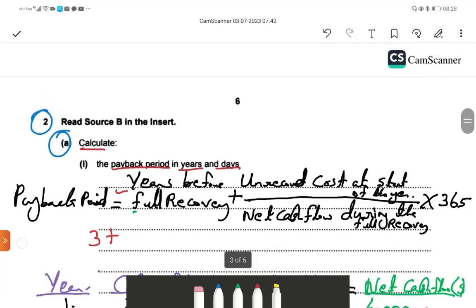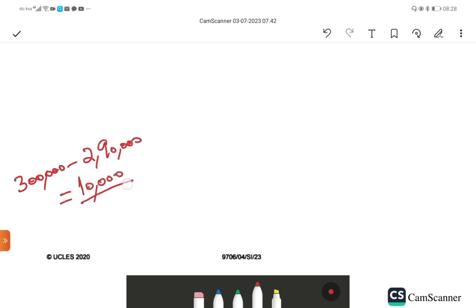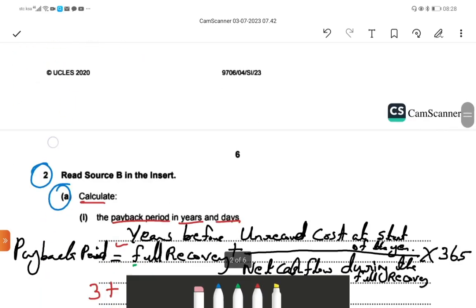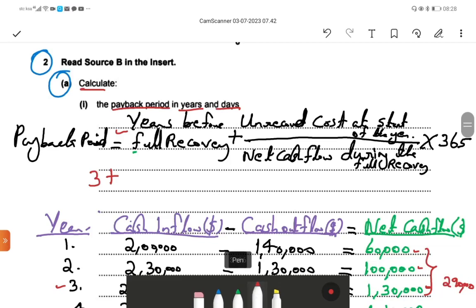So 300,000 minus 290,000 is equal to 10,000 that we have to recover. So the unrecovered cost at the start of the year is 10,000.